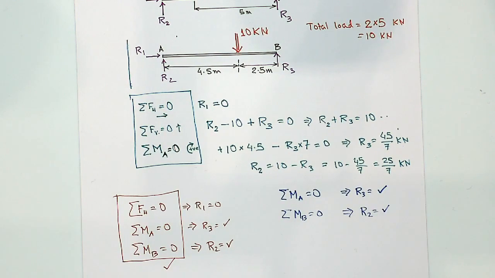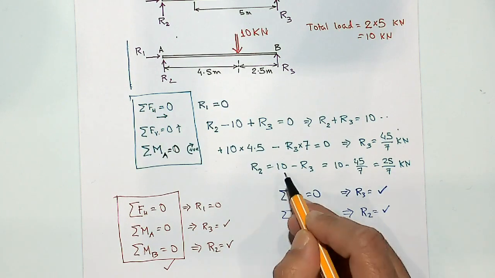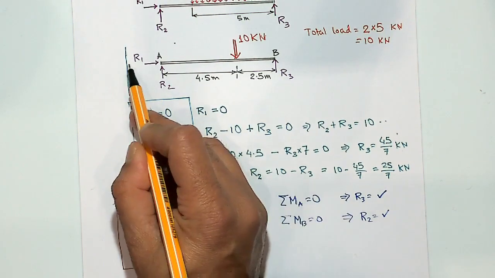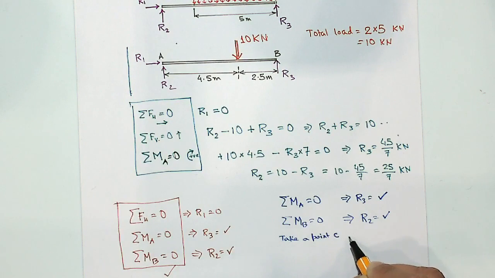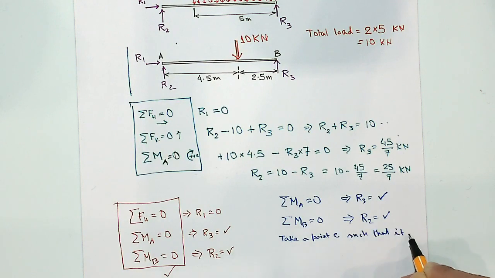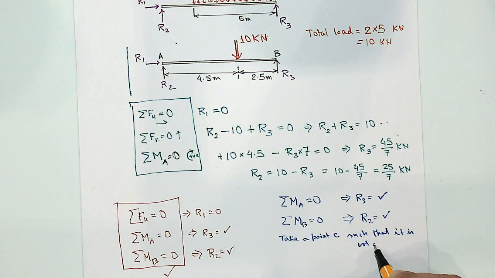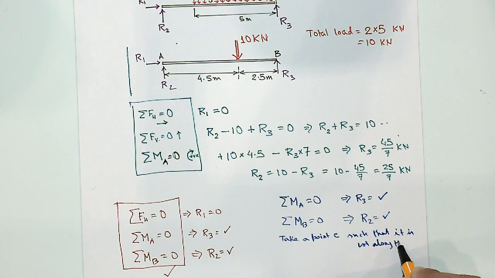Now if I take another point somewhere which is not along the line A to B, so take a point C, such that it is not along the line AB.